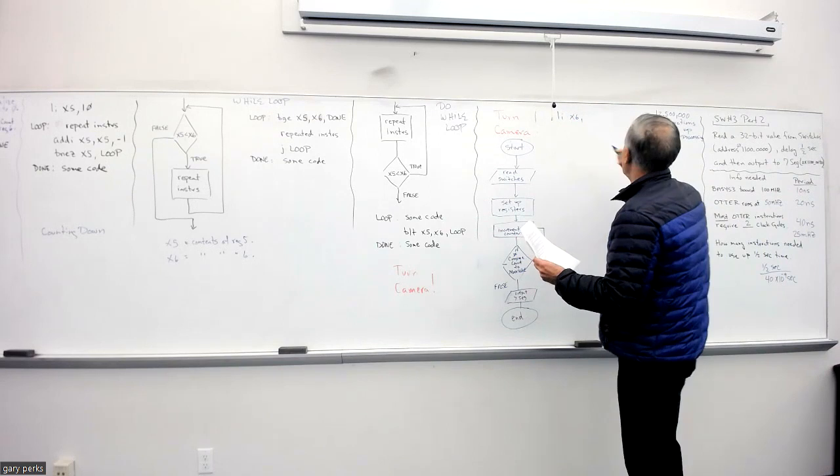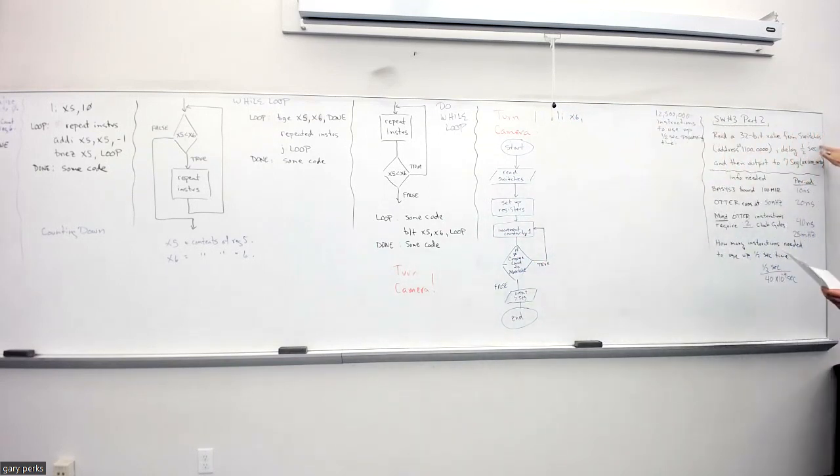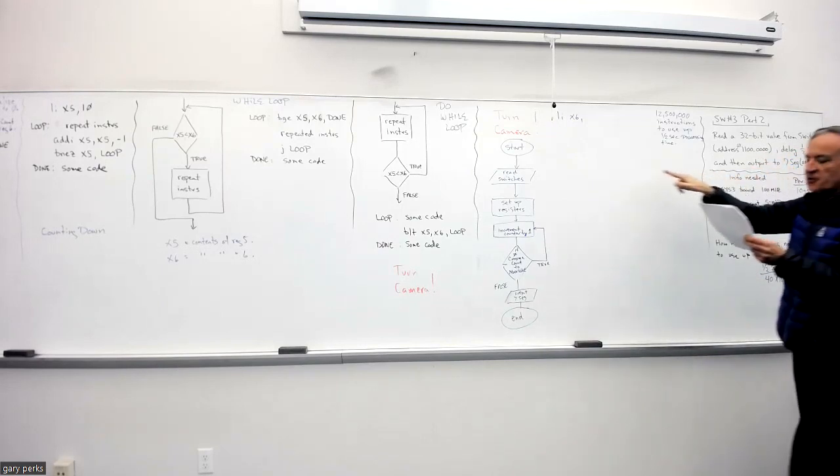Well, actually, even before that, since we're reading data from the switches, what have you done in previous programs when you read from the switches? Right, which requires you to do what first? What do we have to put into a register first to get the data from the switches? Yeah, the address.